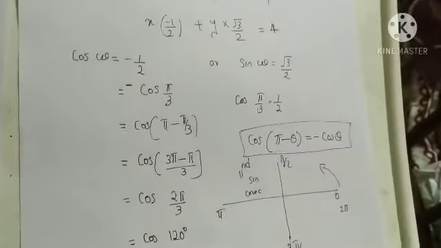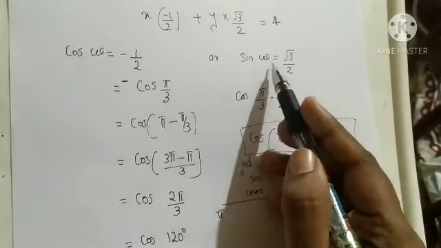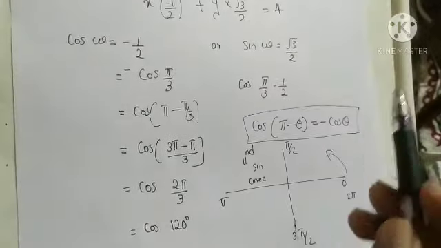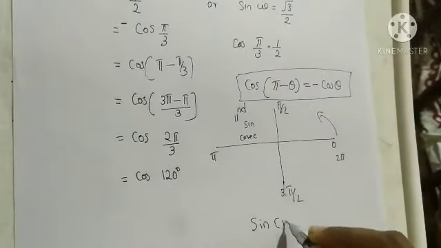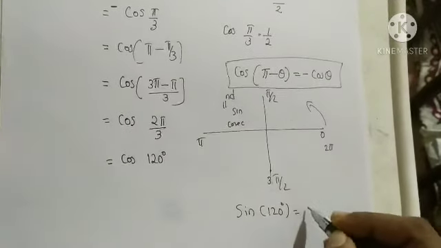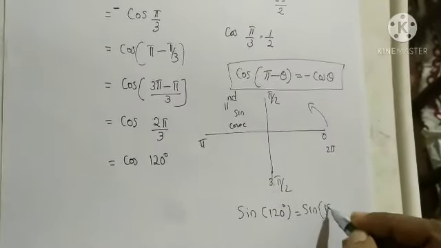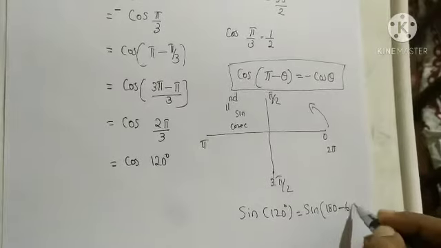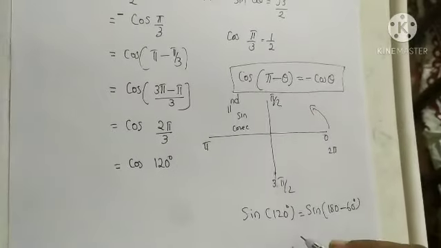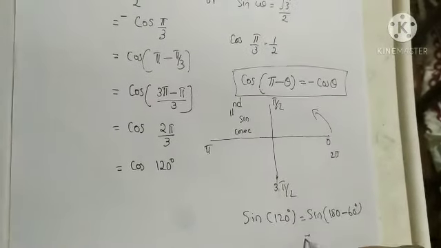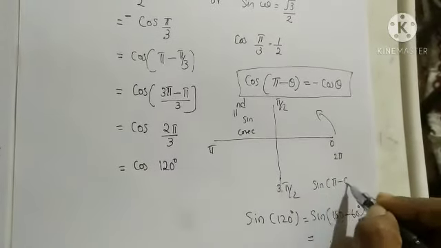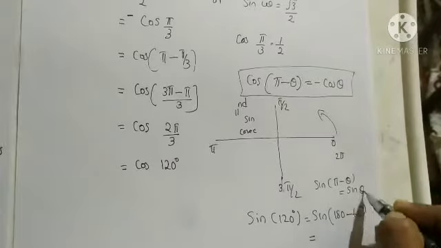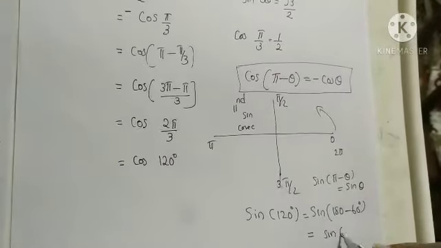Okay. And if we look at the sine 120 value, sine 120 degree can also be written as sine of 180 minus 60 degree, right? So sine of pi minus theta is equal to sine theta itself. So here we get sine 60 degree.